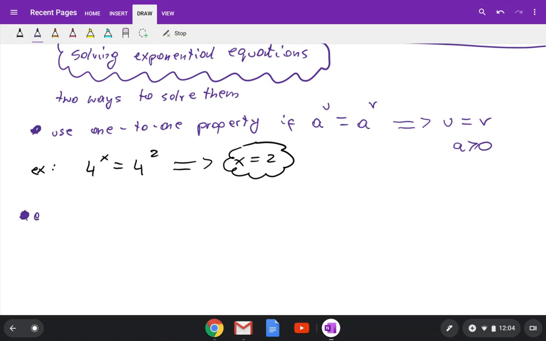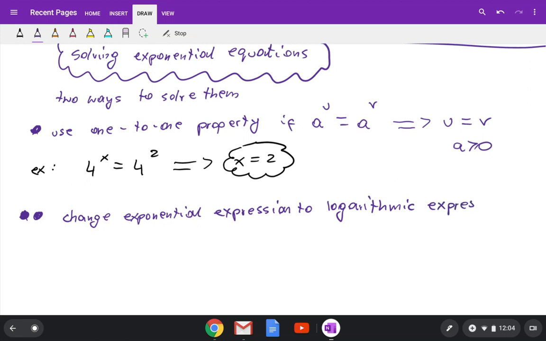The second method is to change the exponential expression to a logarithmic expression by attaching log to both sides.